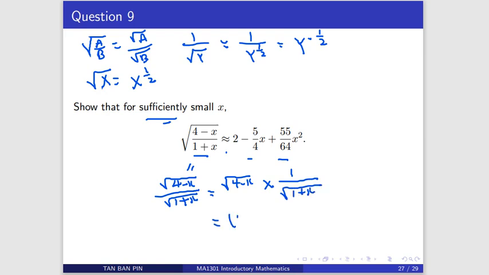So it's actually (4 minus x) power half, multiplied by (1 plus x) power minus half.